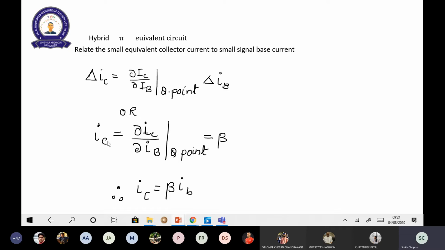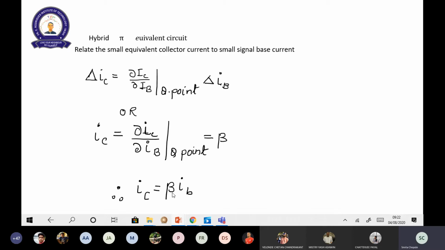Therefore, your time varying current signal, or AC collector current, is beta times the base AC current.